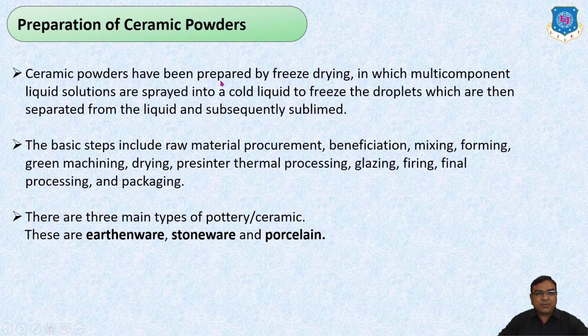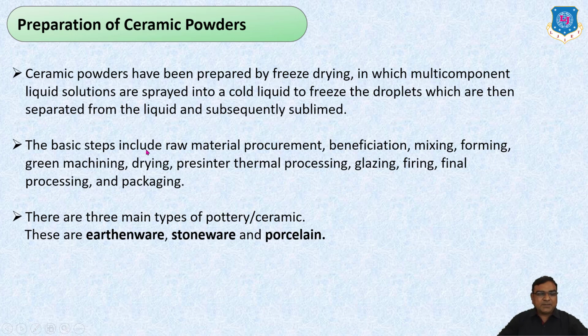Ceramic powders have been prepared by freeze drying, in which multi-component liquid solutions are sprayed into a cold liquid to freeze the droplets, which are then separated from the liquid and subsequently sublimed.